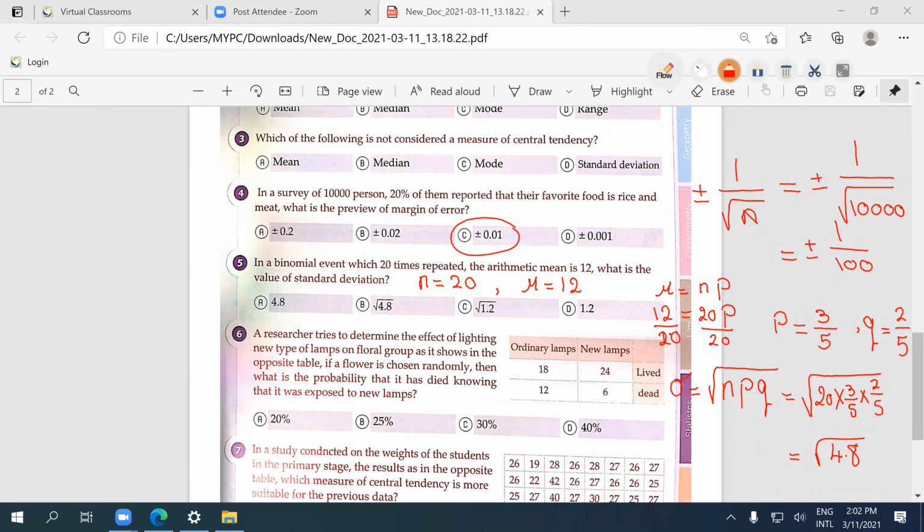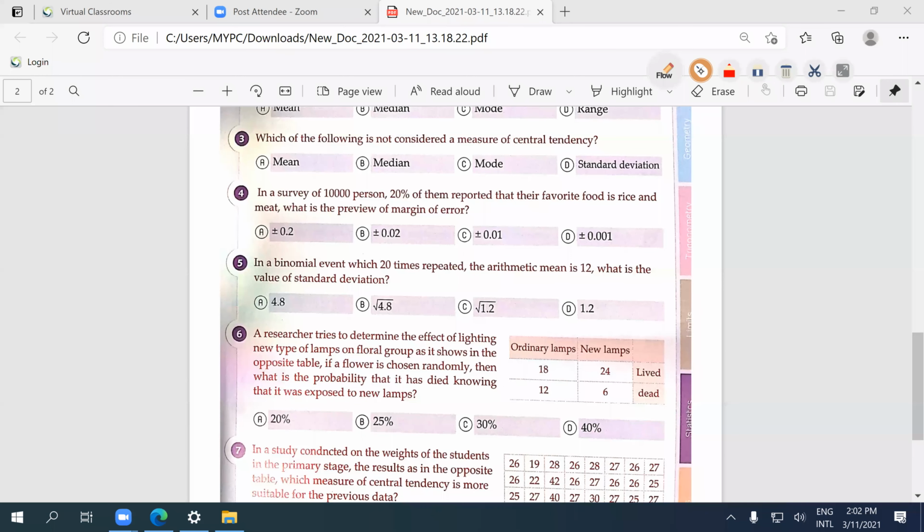In number 6, a researcher tries to determine the effect of lighting a new type of lamp on a flower group, as shown in the opposite table. If a flower is chosen randomly, what is the probability that it has died, knowing that it was exposed to a new lamp? Pay attention with me about this example.